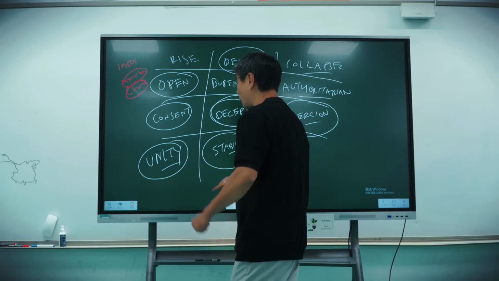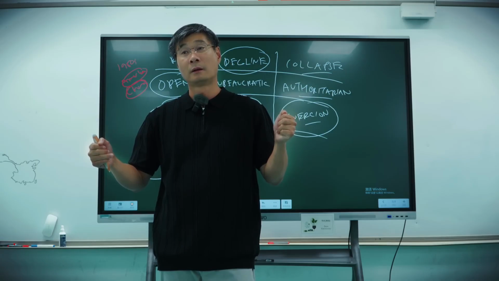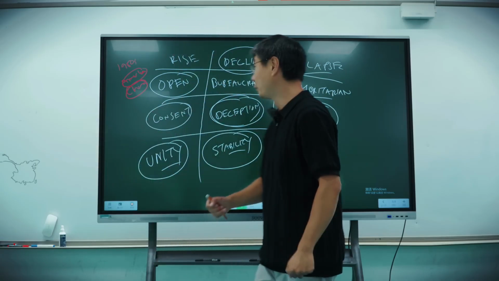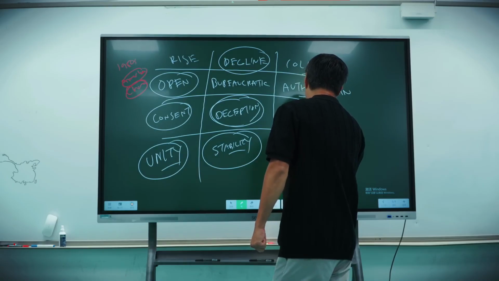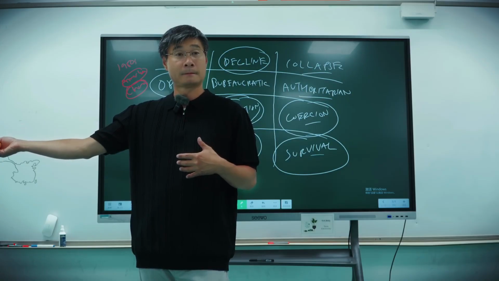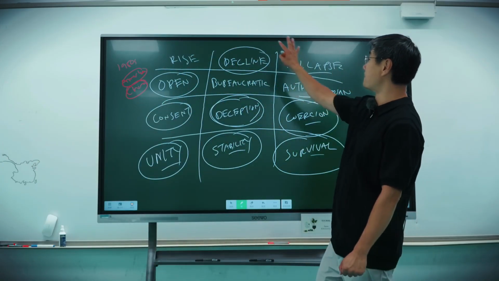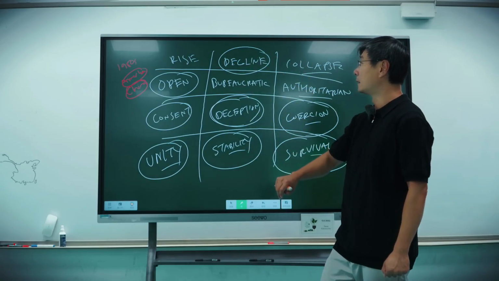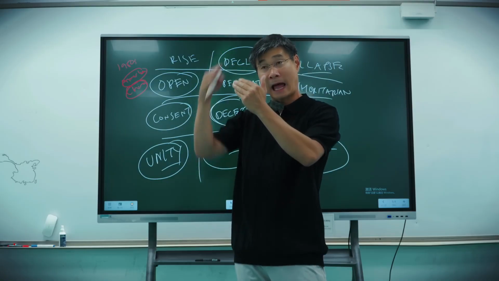It's about making sure that society maintains the status quo. Okay? When we reach the collapse phase, it is survival. Screw you. I want to live, and if I have to kill you, I'll kill you. All right? So this is a map that shows us what happens when society rises, declines, and collapses.